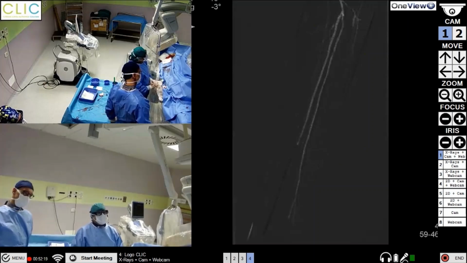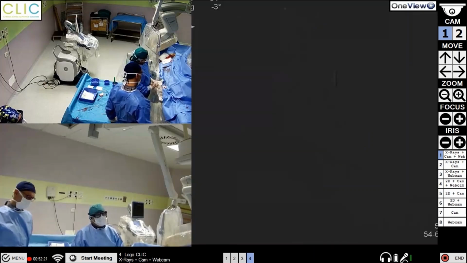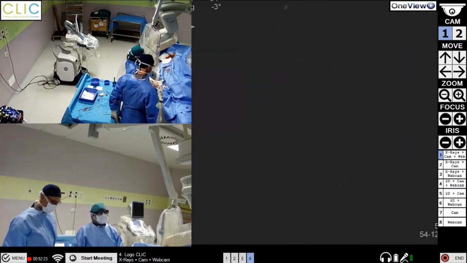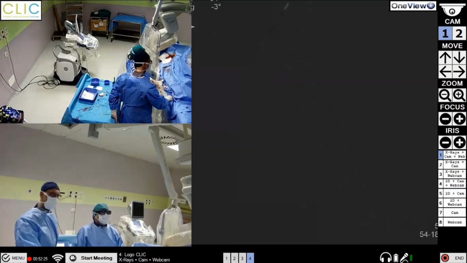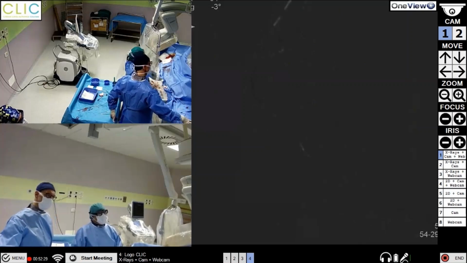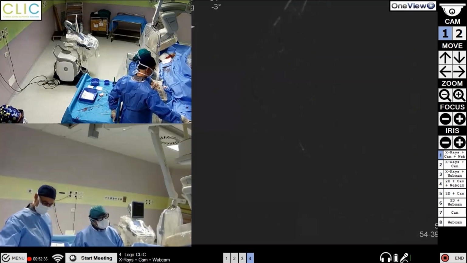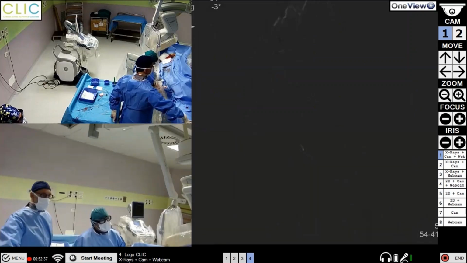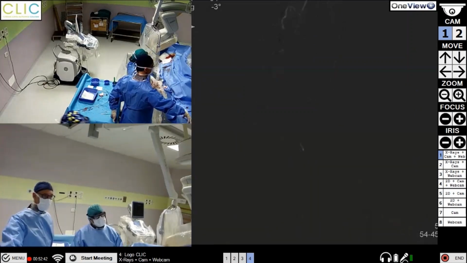Anyway, we had a complete occlusion of the anterior tibial, probably a distal occlusion or distal stenosis of the posterior, and occlusion of the lateral plantar artery, and probably a reconstitution of the medial plantar artery very, very distally.